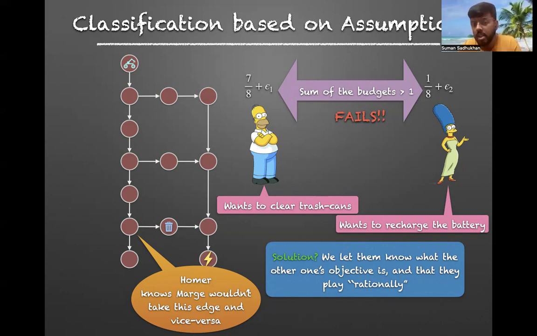Once we are giving them this information, and we are also telling them that the other player is playing for their objective only and not to defeat you, then when the game reaches the left penultimate vertex, Homer knows that Marge will not choose to go down, because he knows that her objective is to visit this vertex where there is an energy state. Similarly, Marge also knows that Homer will not choose to go down because his objective is to take the right edge.